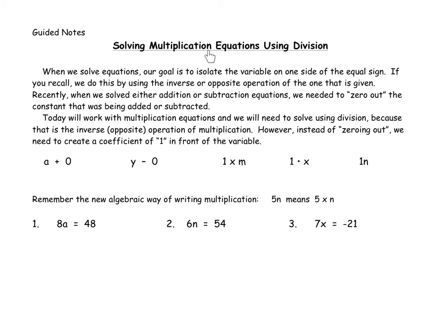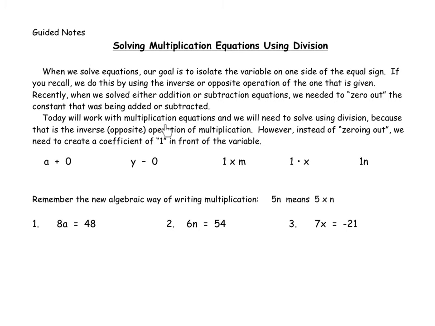So we're solving equations that contain multiplication using division. When we solve equations, our goal is to isolate the variable on one side of the equal sign. If you recall, we do this by doing the inverse or opposite operation of the one that is given. Recently, when we solved either addition or subtraction equations, we needed to zero out the constant that was being added or subtracted.